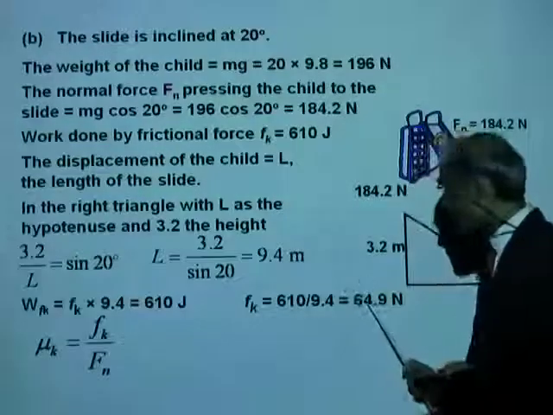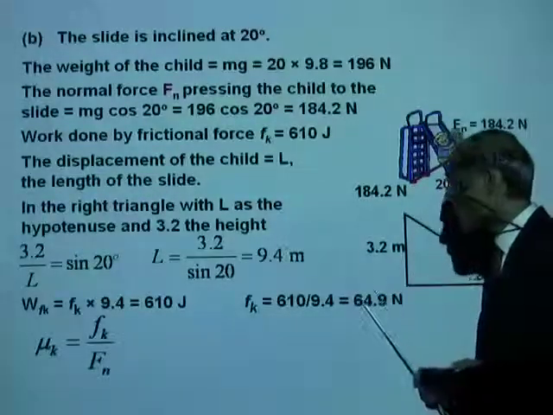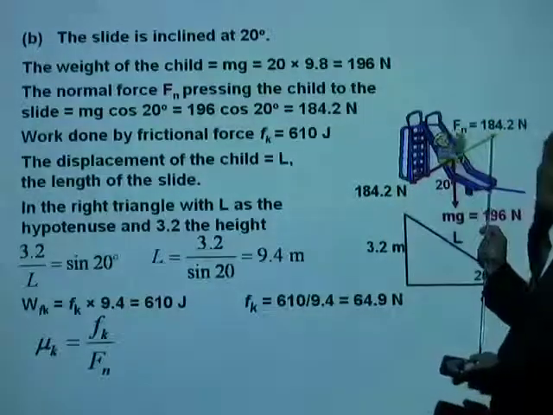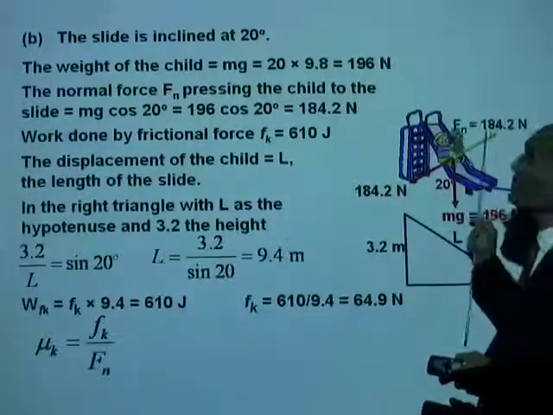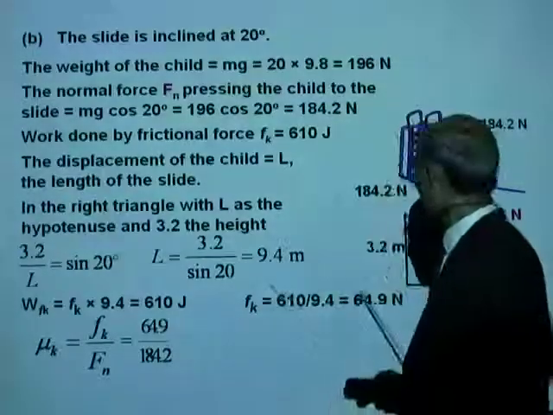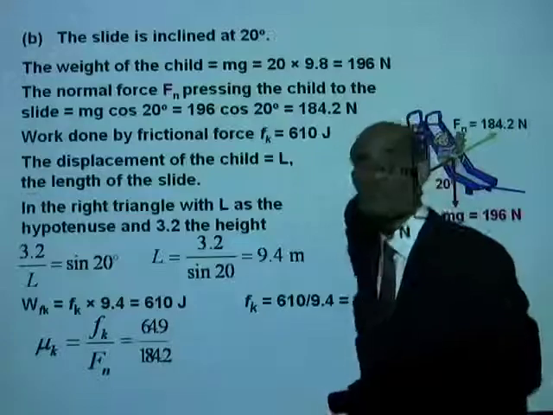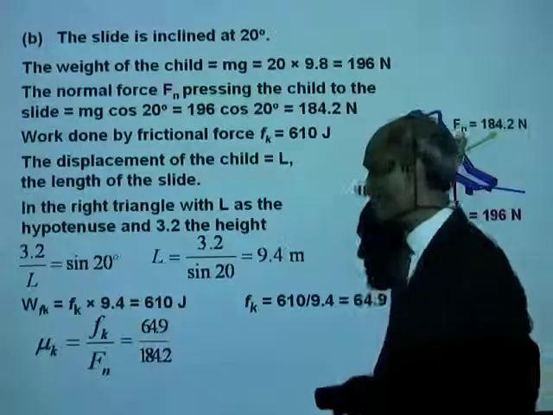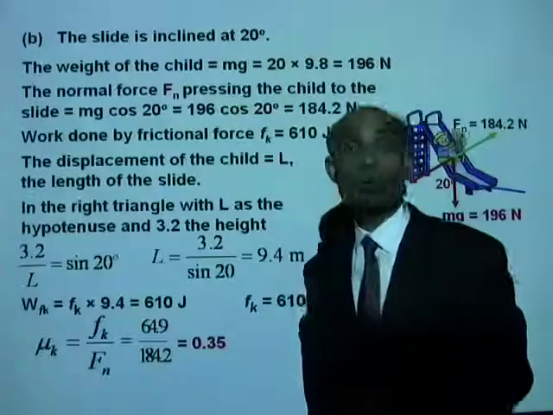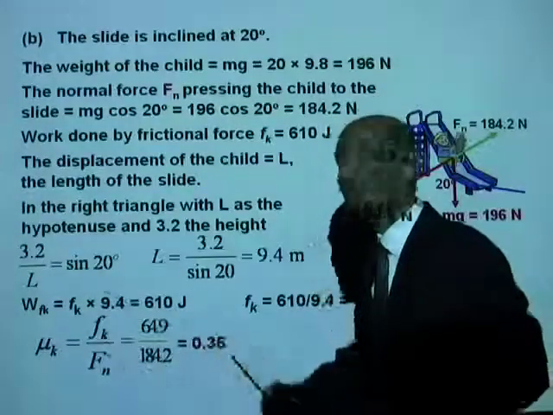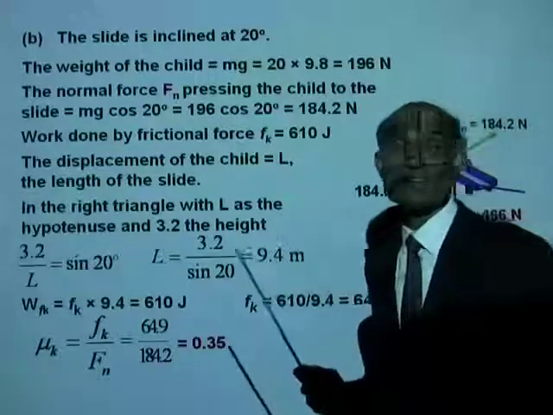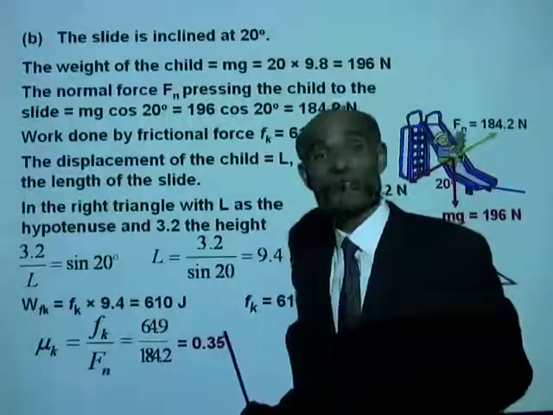Now, the force of kinetic friction is 64.9 Newton. The normal force is 184.2 Newton. So that will be 64.9 divided by 184.2. That is 0.35. The coefficient of kinetic friction between the slide and the child is 0.35.